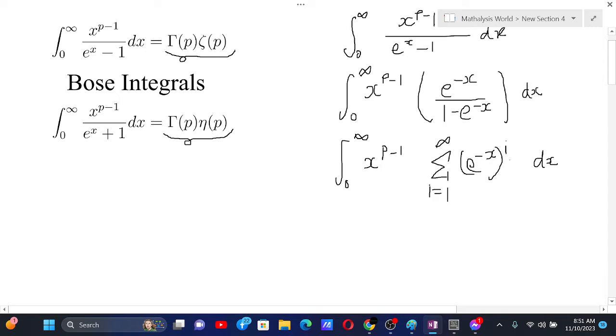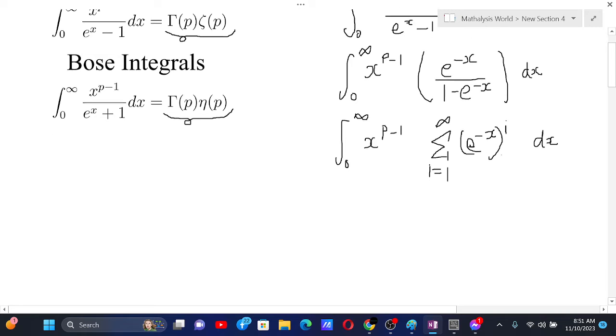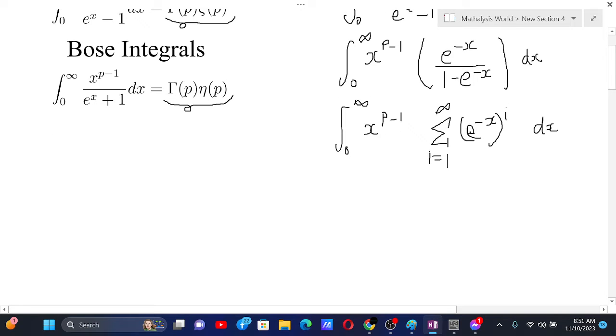So this is the geometric sum. The first term is e to the power minus x and the rest is also e to the power minus x. And now we can take this expression inside the sum, since the sum is in i and this is in x, it doesn't matter. And also we can exchange the sum and integral since it's converging.